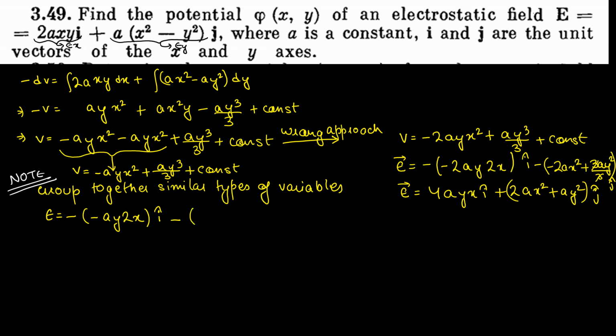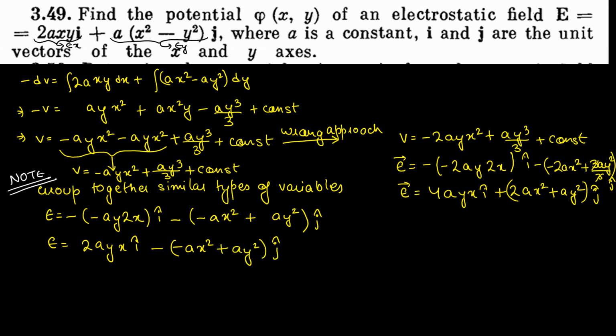So I'll differentiate this entire term with respect to y, minus ax square y plus 3ay square by 3 j. So the electric field is nothing but 2ayx i minus ax square, 3 and 3 would get cancelled, it would become ay square, plus ay square j.